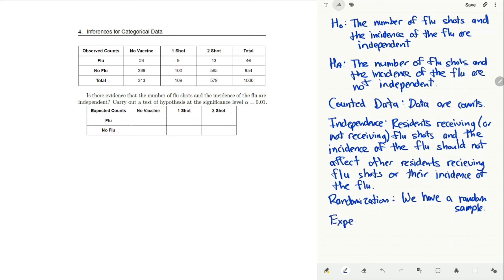And we also have the expected cell frequency. All expected counts are at least 5. And so this condition is met.